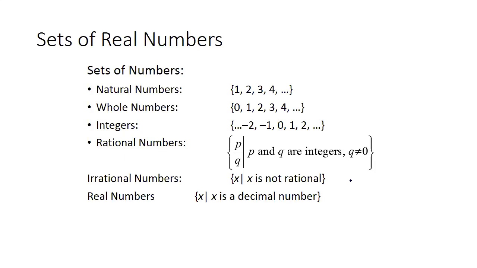If the remainder is 0, or if the remainder repeats itself, like 1/3. What do you get when you do 1/3? You get 0.333333, right? So if the remainder repeats itself, or the remainder turns out to be equal to 0, then those numbers are considered to be rational numbers.